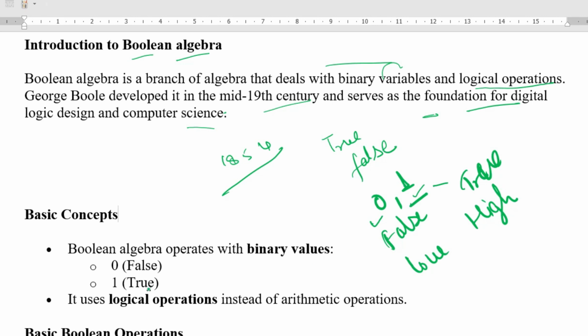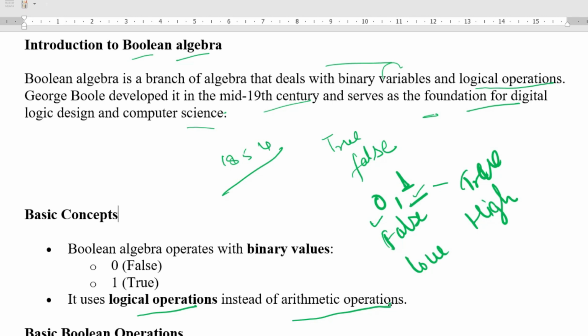We use Boolean algebra to perform logical operations. We are not performing any arithmetic operation here. We have operators like AND, OR and NOT gates.